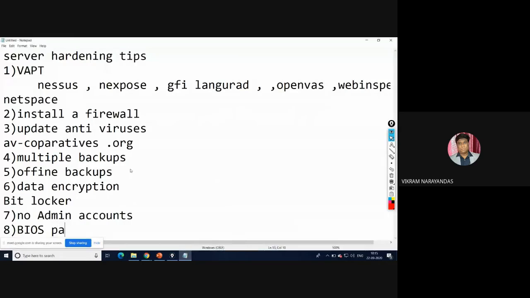Next, BIOS passwords. There are a number of software tools to break your operating system, but a BIOS password will help you to some extent.